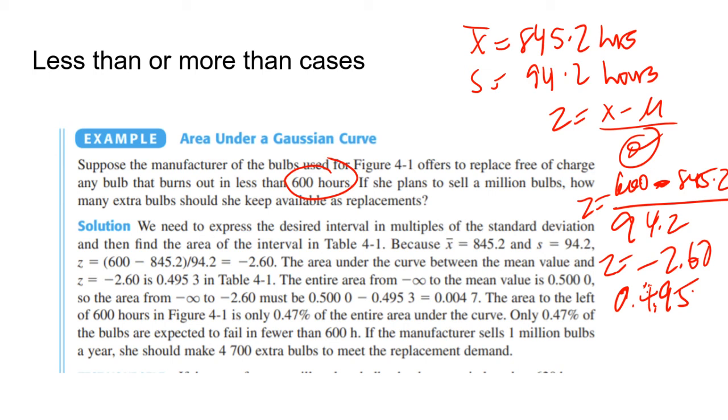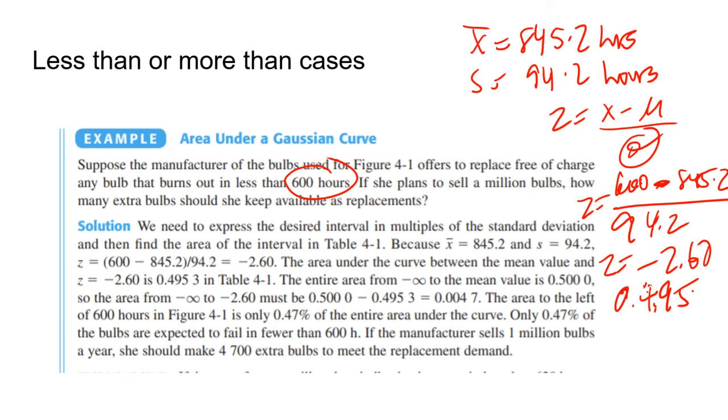If it's less than 600 hours, you're going to subtract that from the area from the mean to the left, toward negative infinity. That's really important because that's the less-than case.